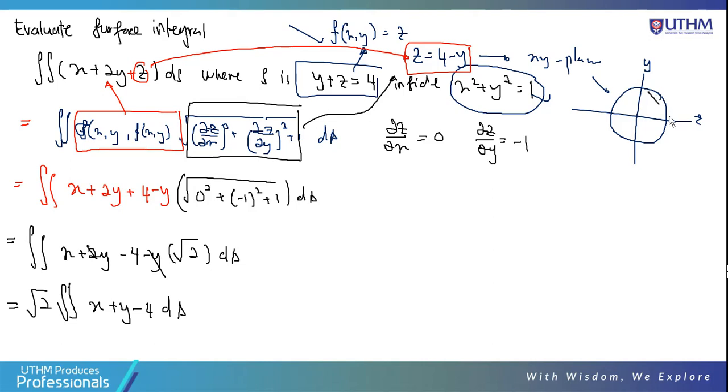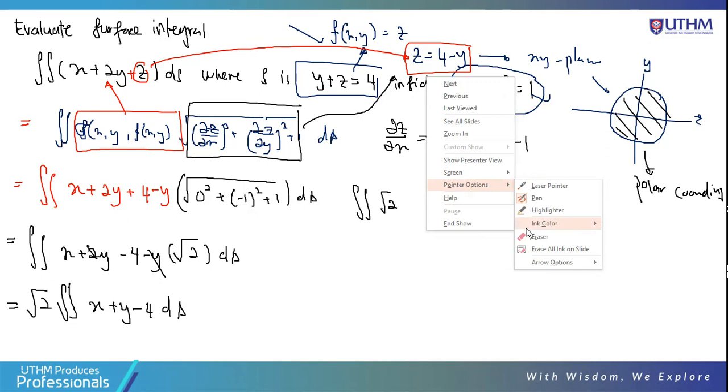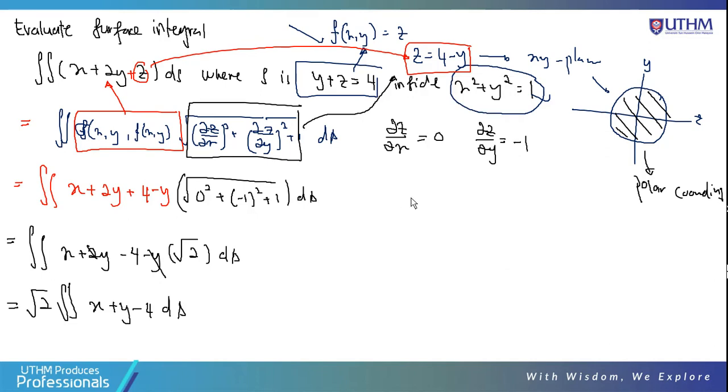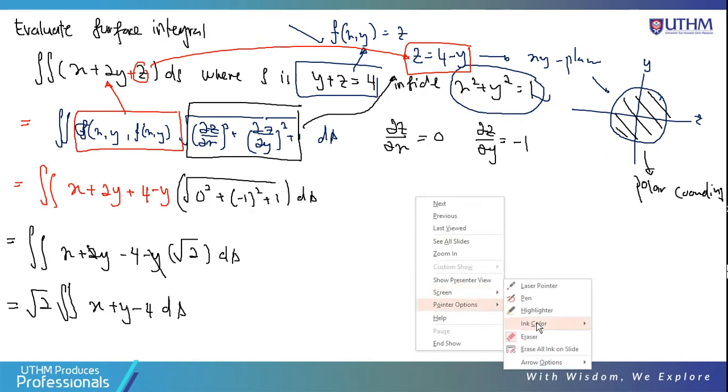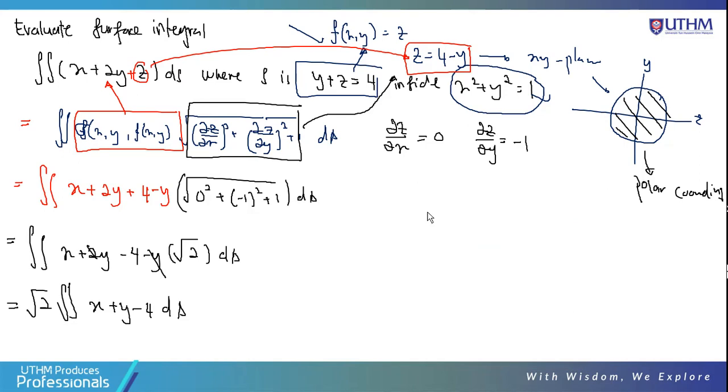So if it is a circle, it is better we solve this one using polar coordinates. Okay, it is easier using polar coordinates. So the double integral, root 2 times what? Oh sorry, we already took root 2 out.